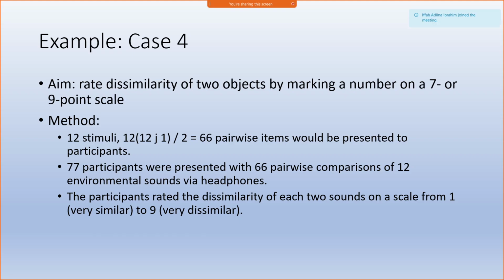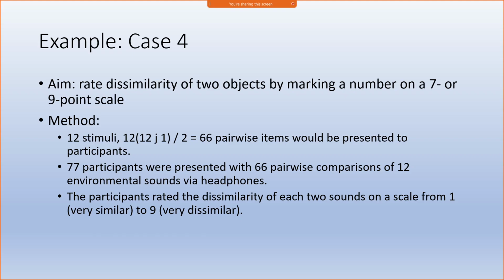Case number 4 is rating the dissimilarity of two subjects. You can rate dissimilarity and you can rate similarity, it's the same thing. So for case number 4, rate dissimilarity between two objects, and how to do that?